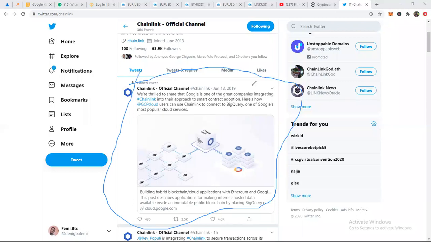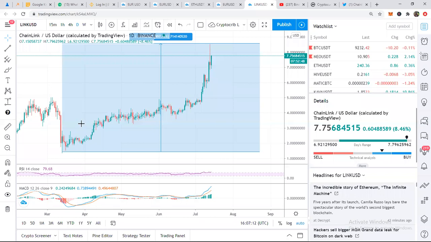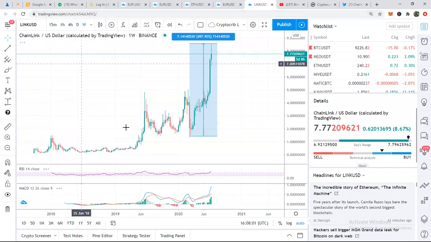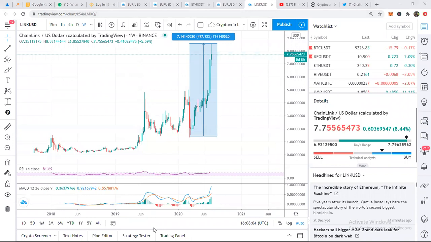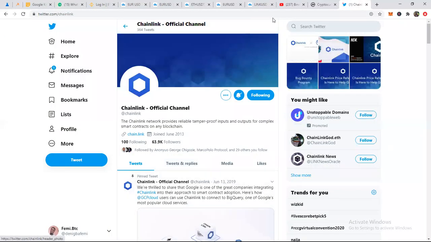Oh, the class is almost over. Let's quickly do this. This is June 13, 2019. Let's check the price as at June 13, 2019 on TradingView. Let's use the weekly chart to get this quickly. The 13th of June 2019, right?